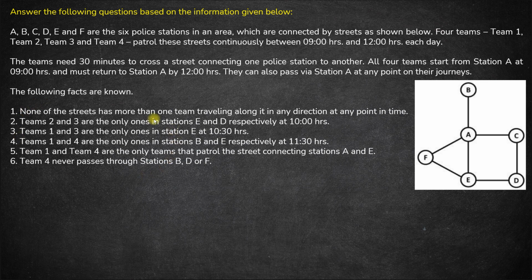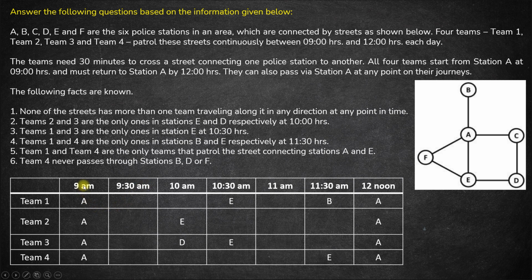And these are the points given as to at what time which team is at which station. So let's make a table out of it, as in every half an hour which team is at which particular station.